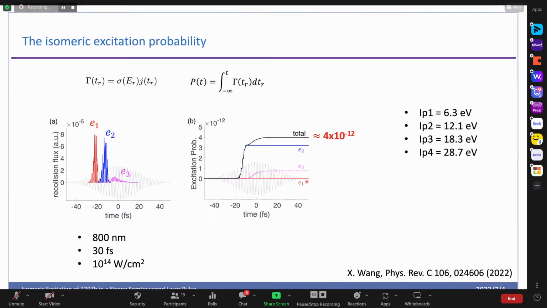If the pulse is very short, the first electron, at the time of recollection, feels a very different laser field. Then the first electron can have a recollection energy higher than 8 eV. So from the same classical calculation, if we shorten the laser pulse, we get a higher excitation probability.